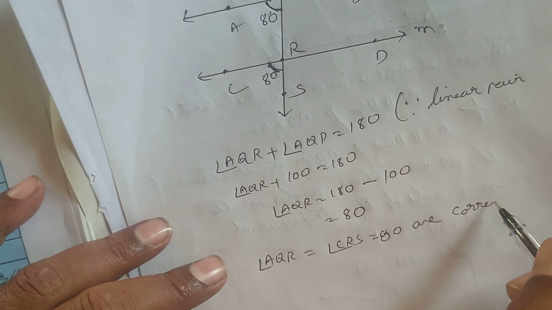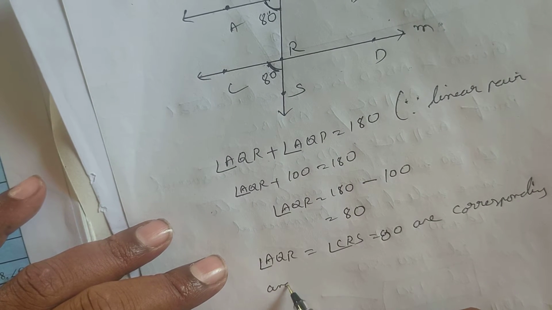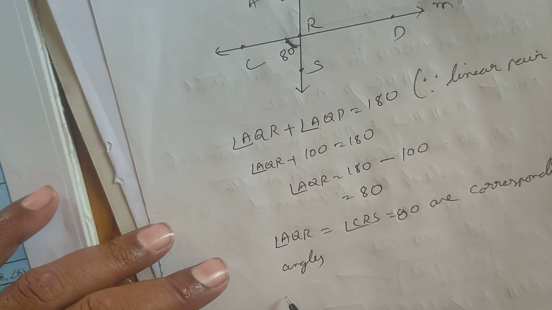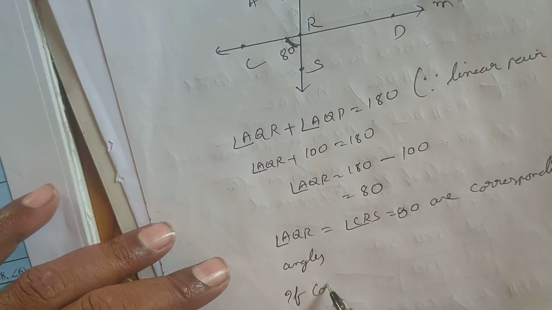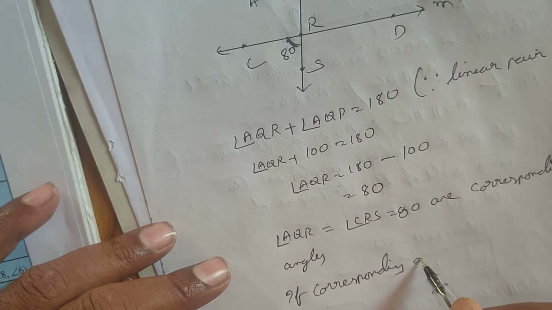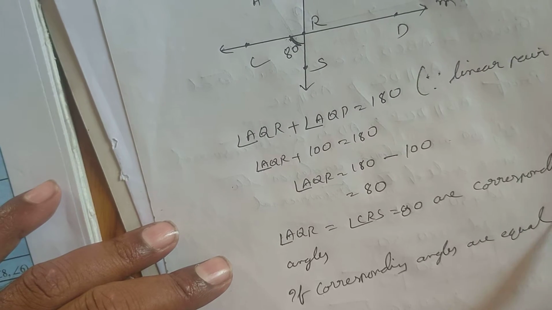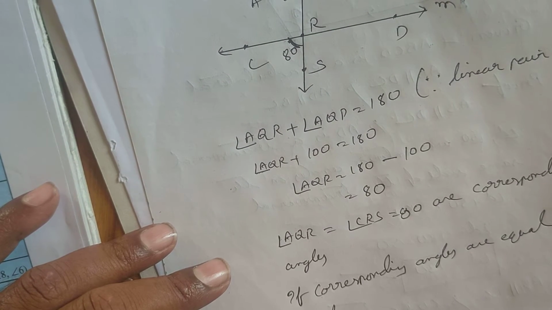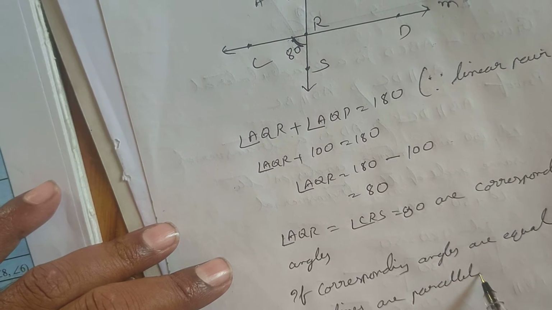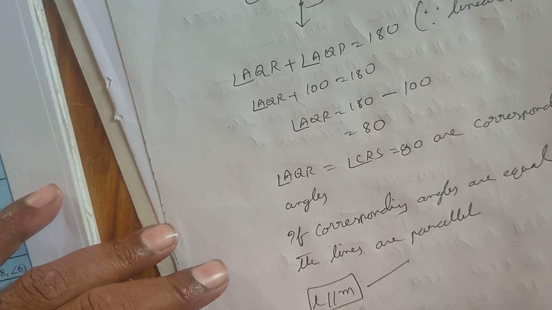They are called corresponding angles. So we have an axiom: if corresponding angles are equal, the lines are parallel. So L is parallel to M, hence proved.